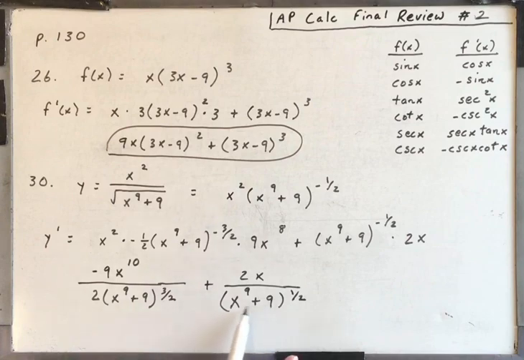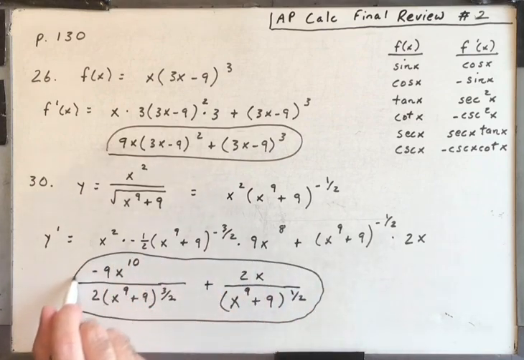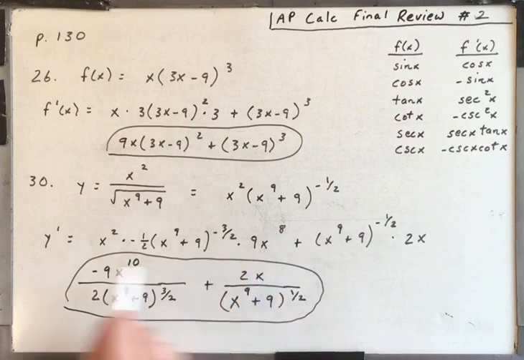All right, you could put that as a radical if you want, but I am fine with this. You made the exponents positive, you consolidated the x to the 8th and the x to the 10th, and you brought that 9. This is good enough for me.